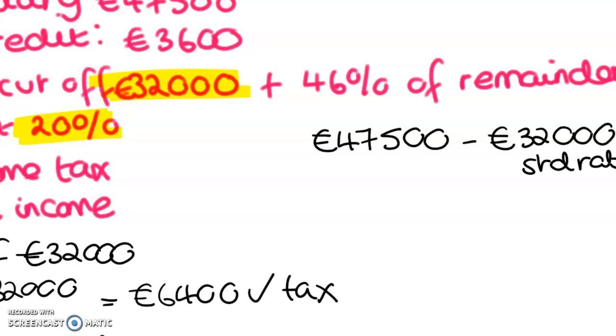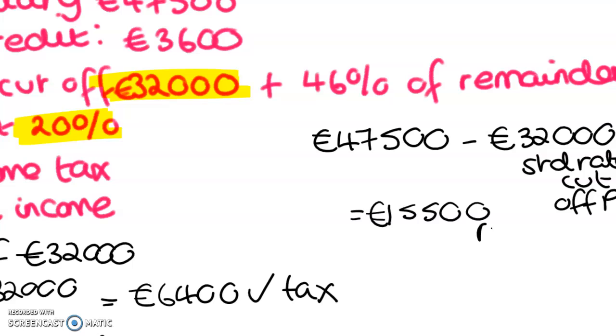This is what you always do to get the remainder. So when you minus these together, you get 15,500. That is your remainder.